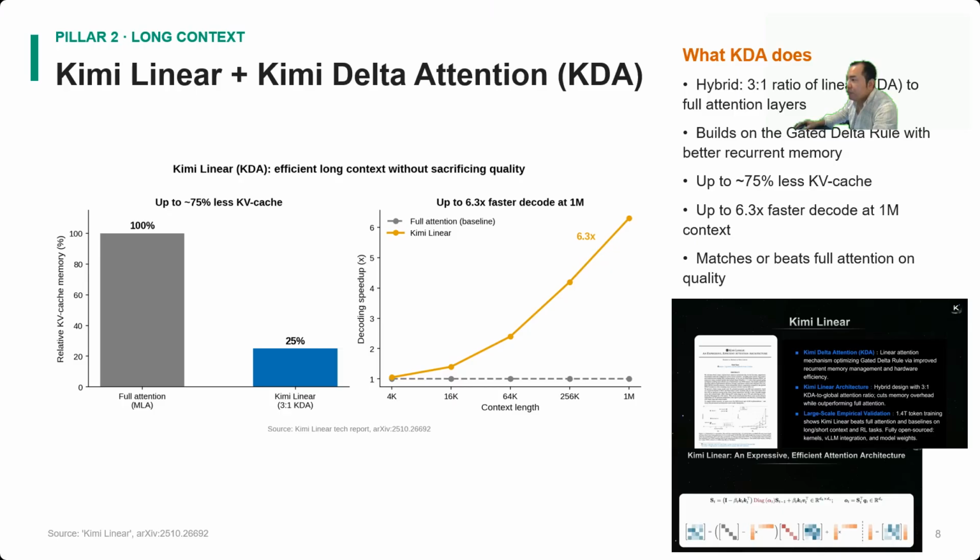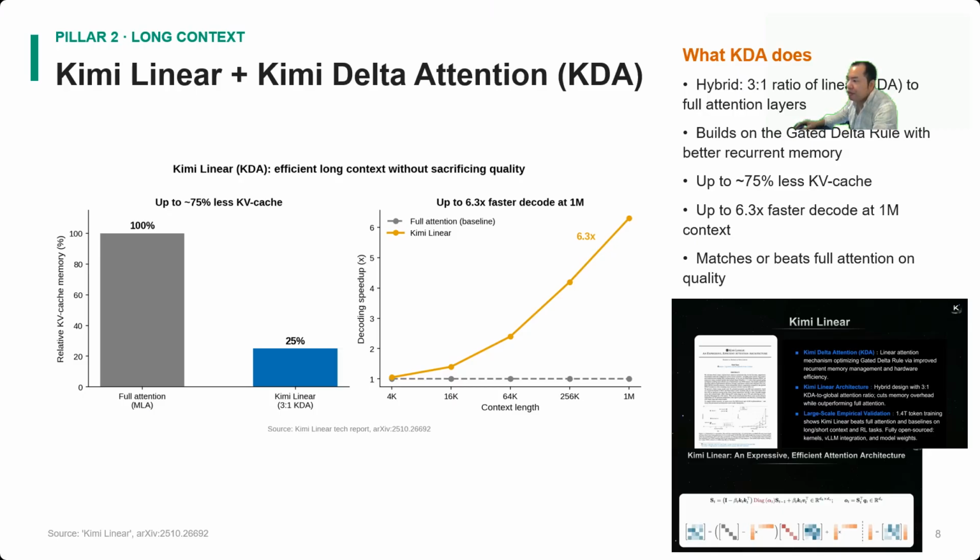They interleave linear KDA layers with full attention layers at roughly a 3-to-1 ratio, so you keep the expressivity of full attention where it matters while capturing most of the efficiency. If you want more details, you can look at the journal articles published regarding Kimi Linear on the bottom right.